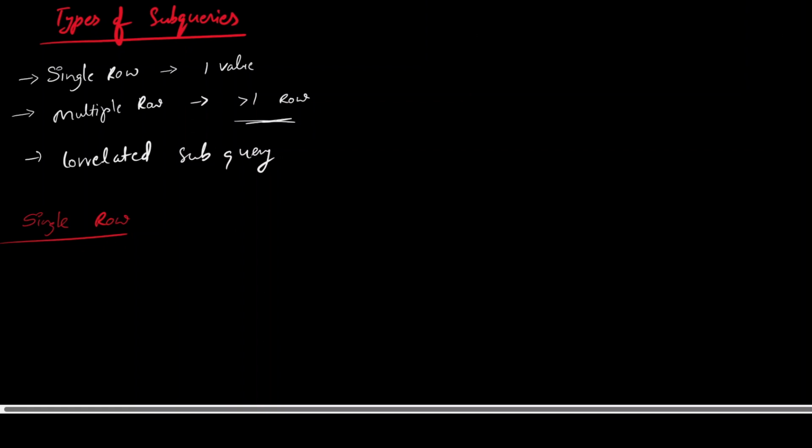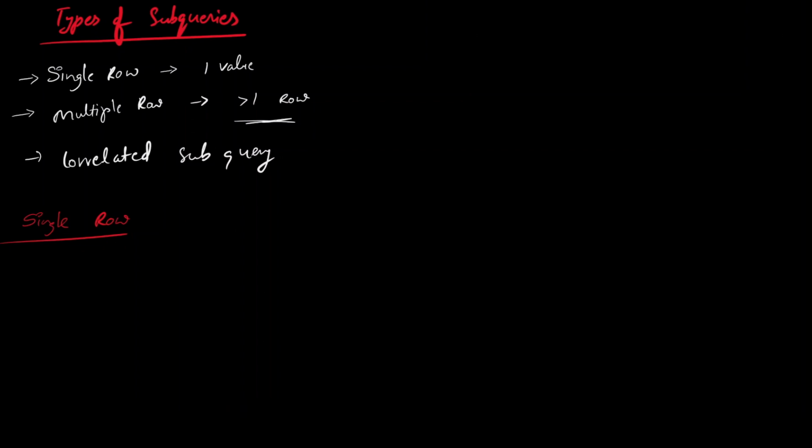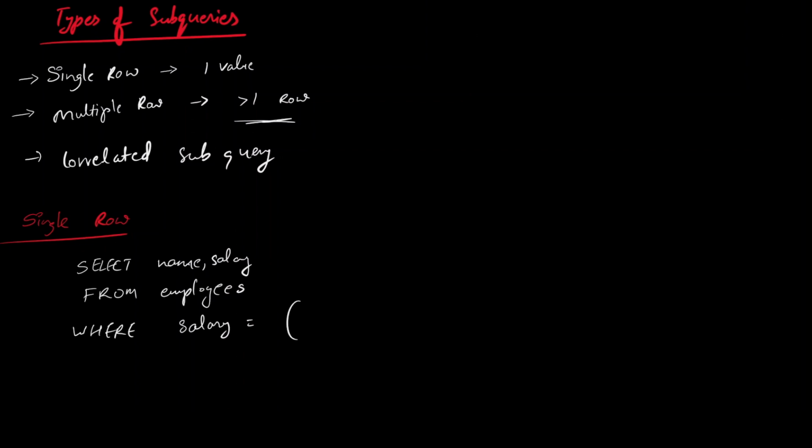So let's discuss single row subquery. The single row subquery will have this syntax. We will select the name, salary from employees. So let's say we have an employees table and we are taking the name and salary. And we use the where statement here, where salary is equal to, and we use the subquery here.